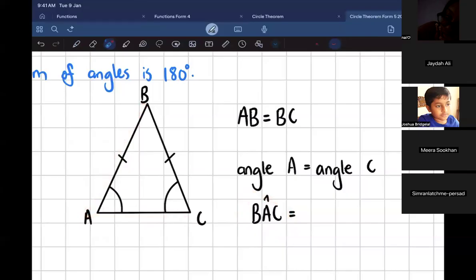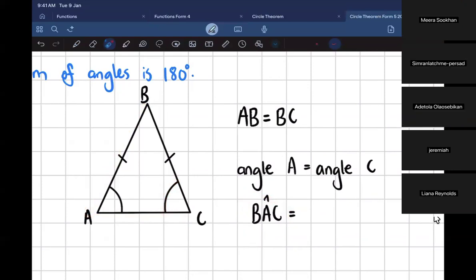Tell me, Simran, how would I write this angle? Kiana, Simran, Adetola, you there? Yeah. All right. So if I wanted to say that this angle is equal to this angle, how would I write the notation for angle C?